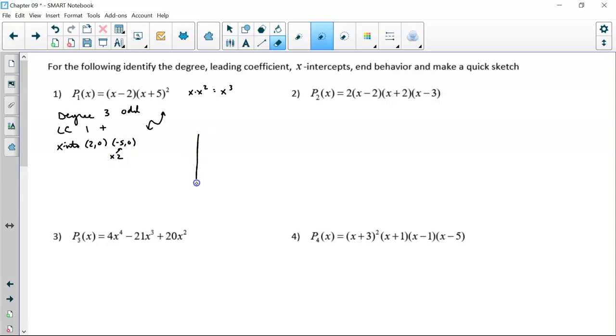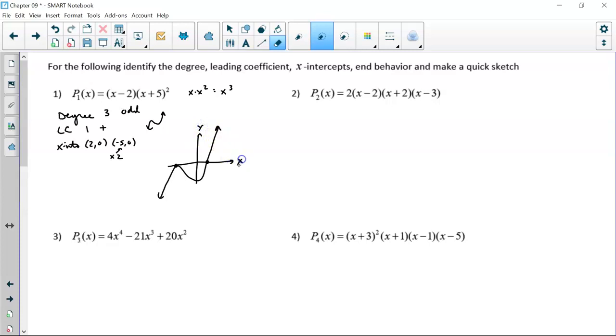So we can make a really rough sketch. Negative 5, 0, positive 2, 0. Now, in order for it to fall to the left and rise to the right, what's going to happen at negative 5? It's going to go up, hit there, bounce back down, and then go back up and through. And that's a quick sketch of what it would look like.